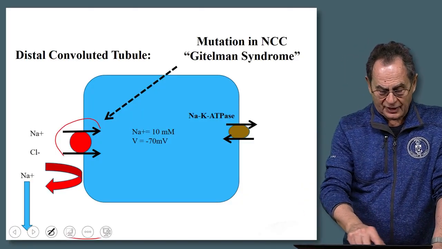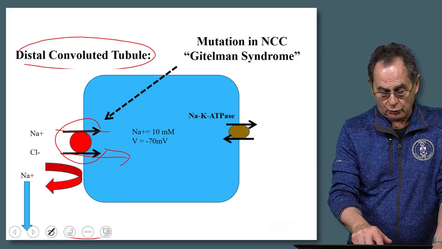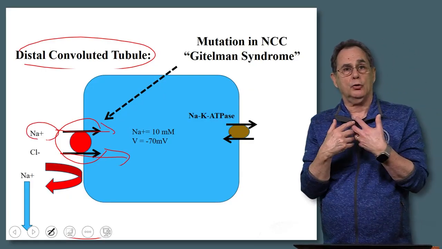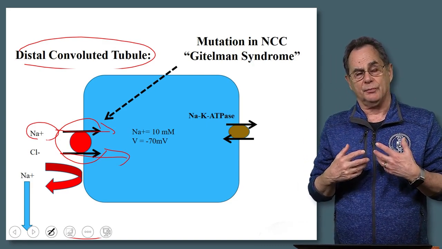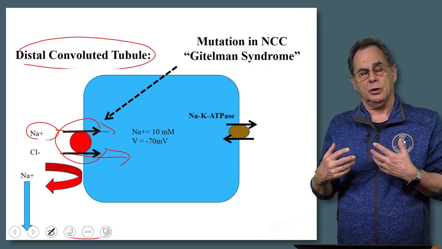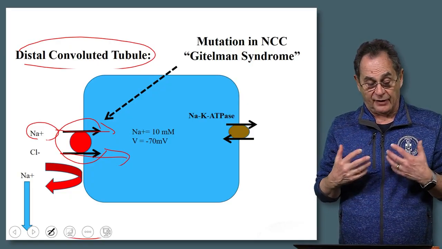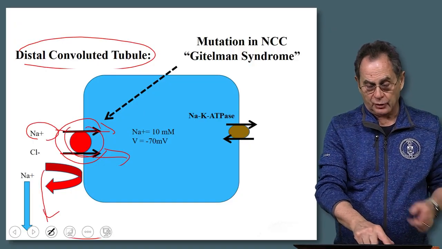The sodium-potassium ATPase in a distal convoluted cell is responsible for reabsorbing sodium down a concentration gradient, and it just pulls the chloride with it. So chloride's the passive partner here, and sodium concentration gradients are driving that activity of that cotransporter. So less activity here, more sodium loss.